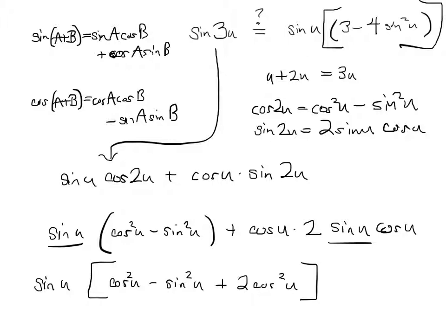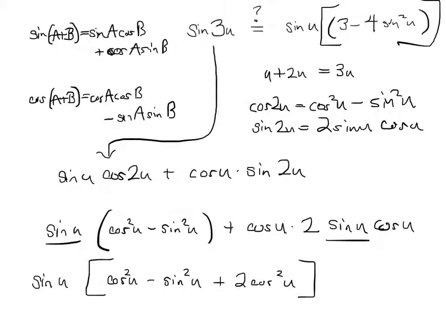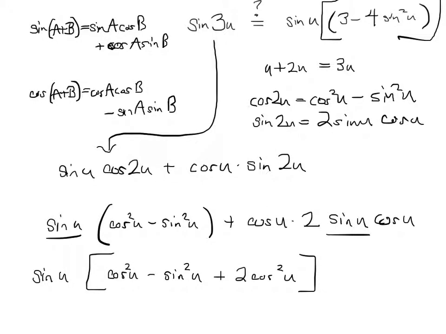Okay, let's just take a look. So we already have a 3, because you have that cosine squared u, and you have a plus 2 cosine squared u. So essentially that's 3 cosine squared u minus sine squared u.